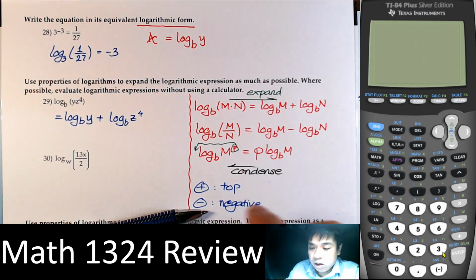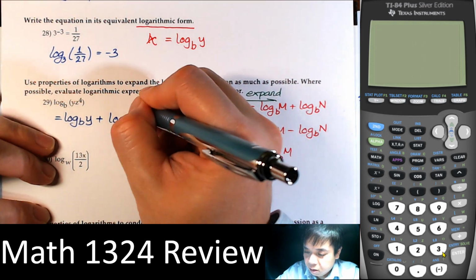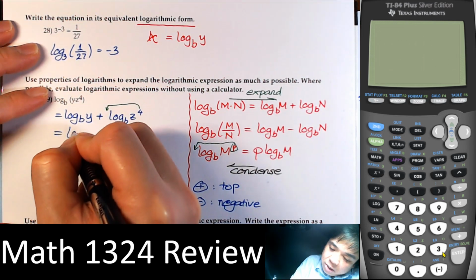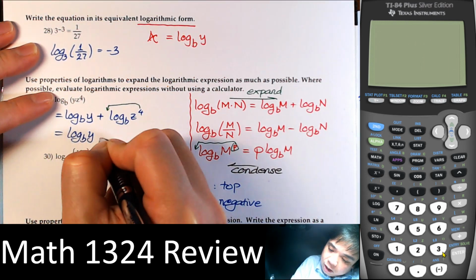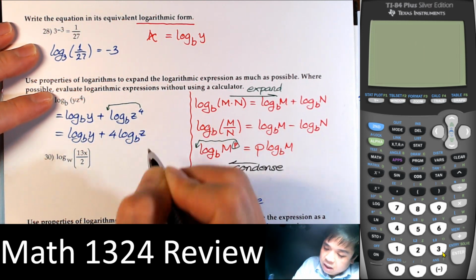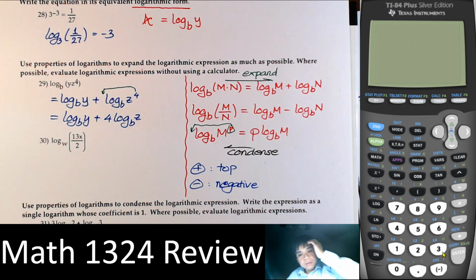And then we just bring the 4 in front. So log base b of y plus 4 log base b of z.